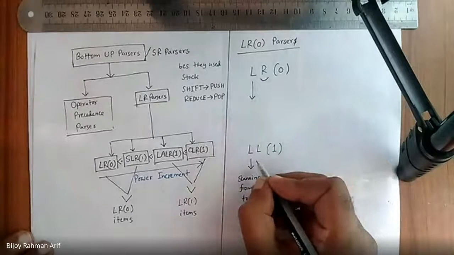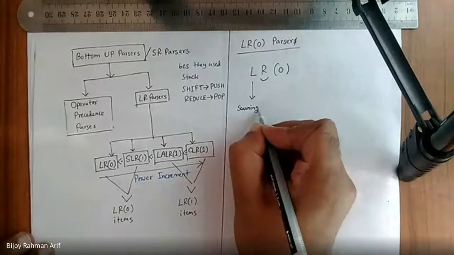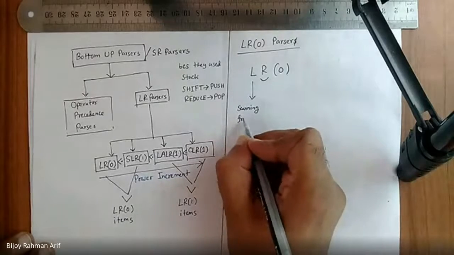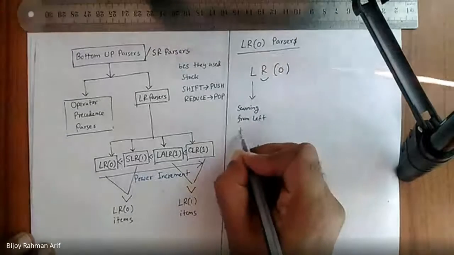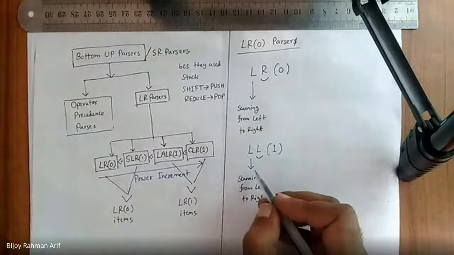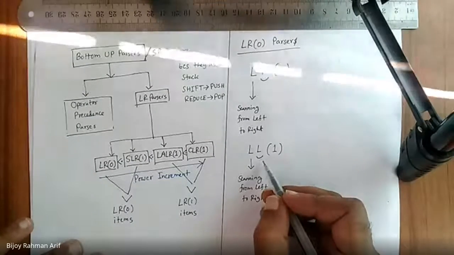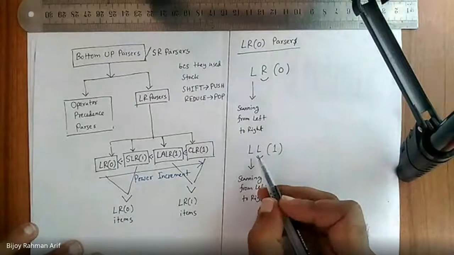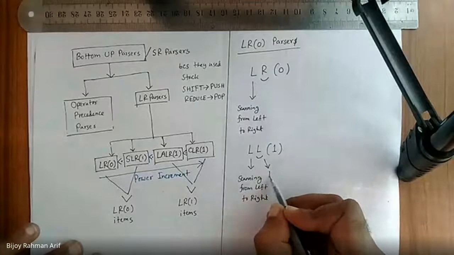But the most important point is this. What is this R and what is this L? RMD and LMD? No, wrong. This L is LMD, good.